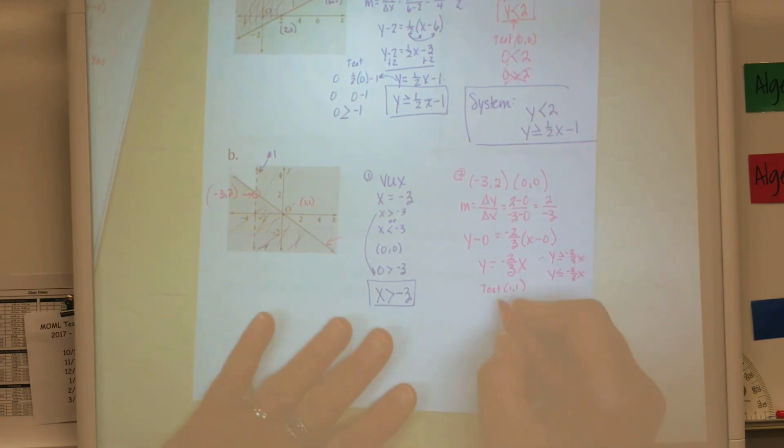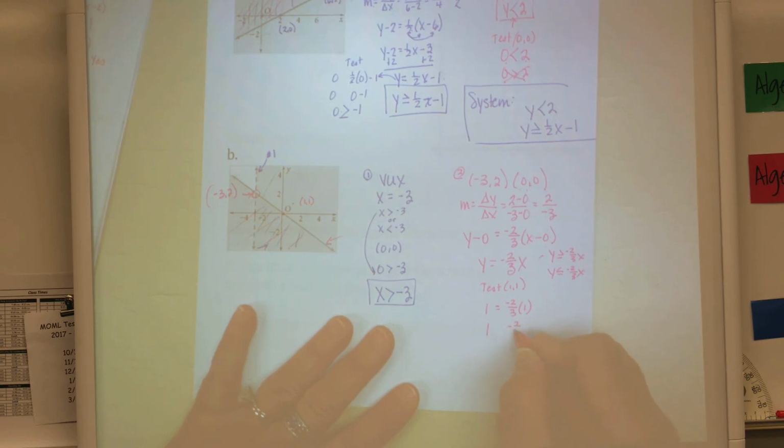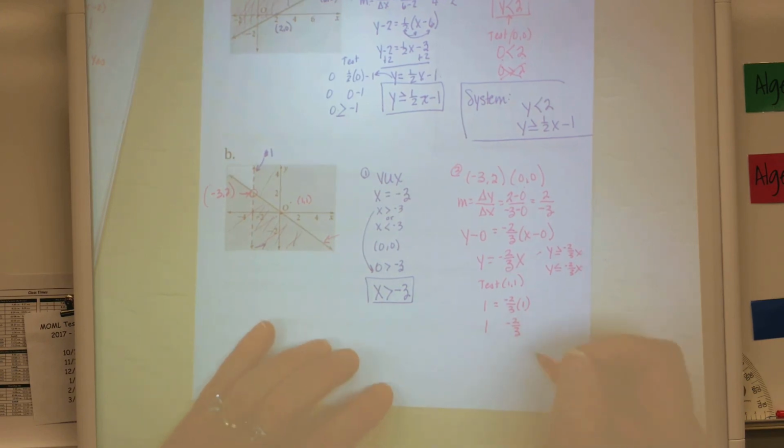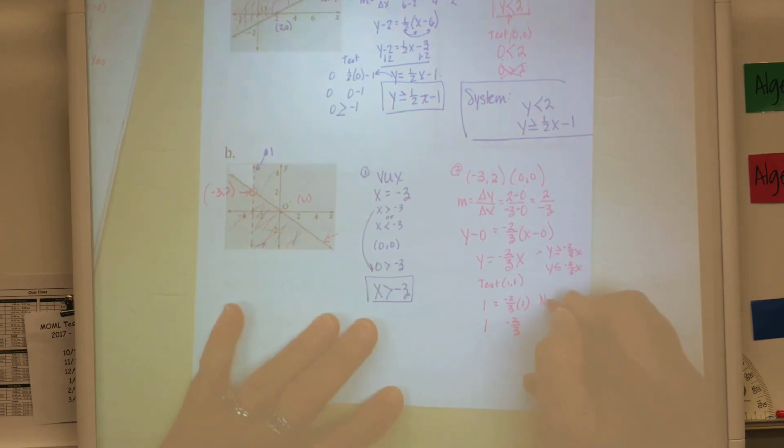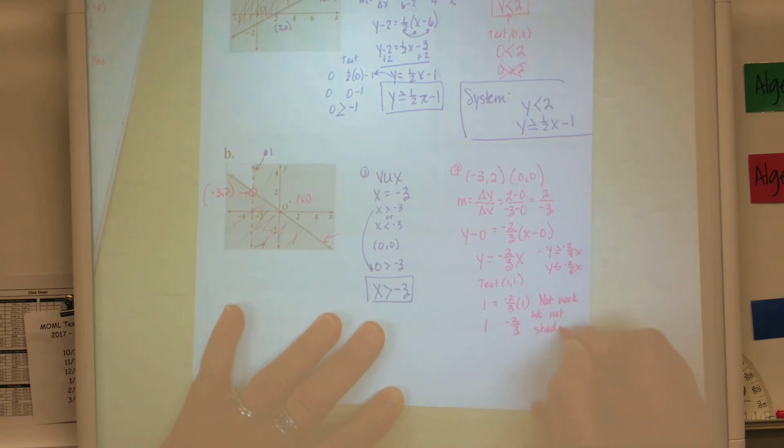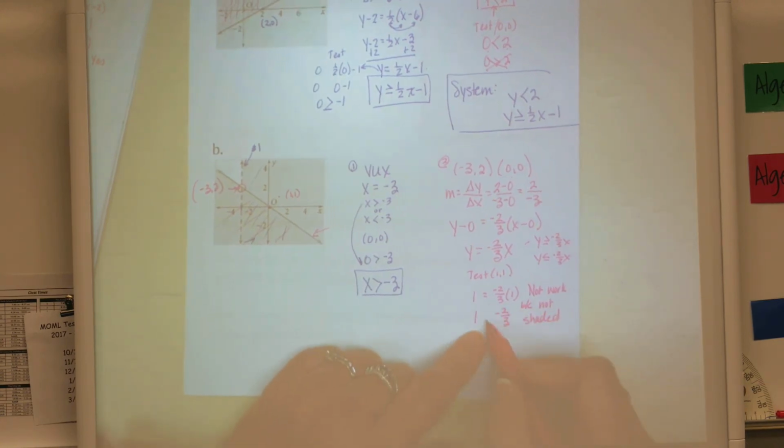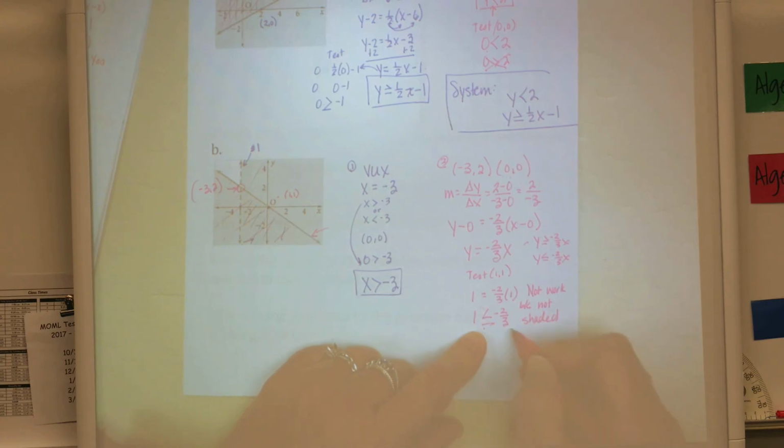If I plug in 1 for y and 1 for x, I get 1 on one side and -2/3 on the other side. And I want it to not work because it's not shaded. So if I put y as 1 is greater than -2/3, that would work. y is less than -2/3 doesn't work.